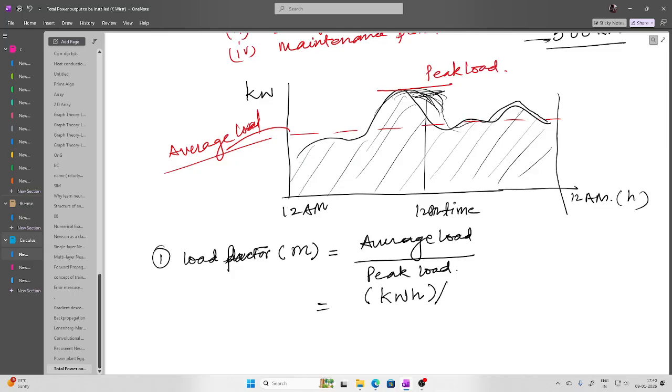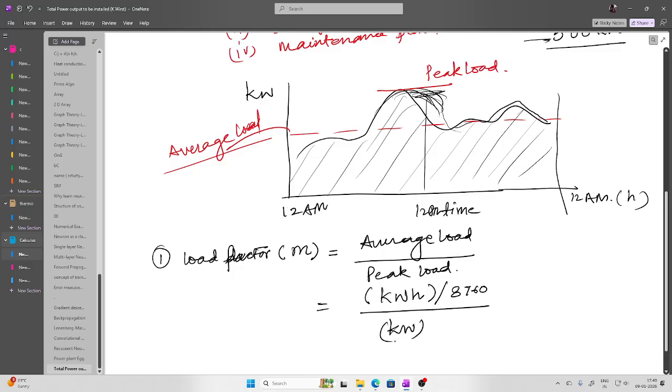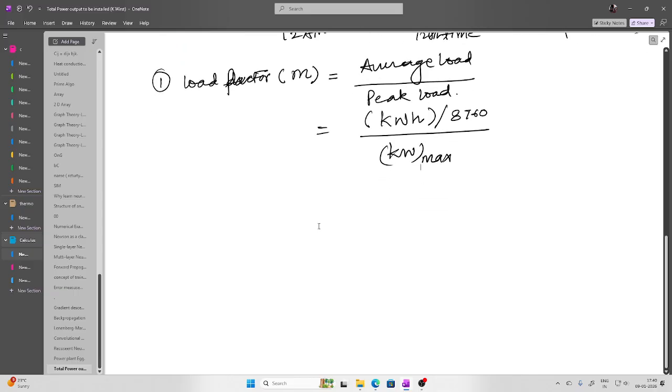So if I am talking of let's say yearly load factor, then I have to divide it by 365 into 24, that is 8760 approximately. And then this is the peak load, that is the maximum load, that is kilowatt maximum. So that is how load factor is evaluated. Again, the average load to that of peak load during a particular time period.